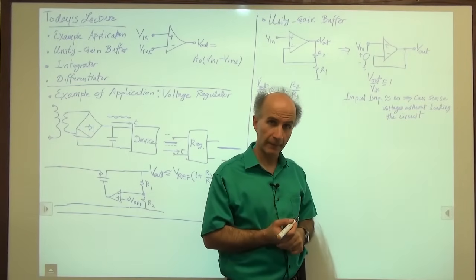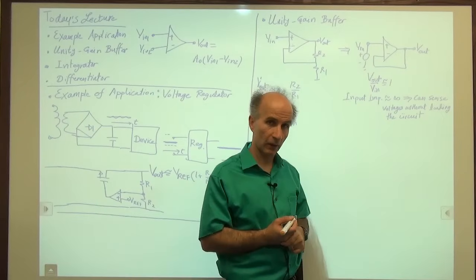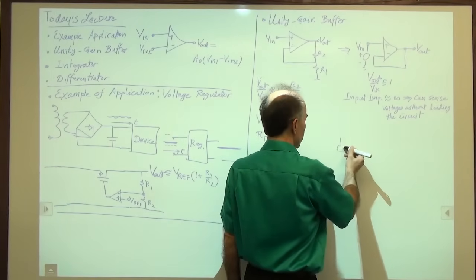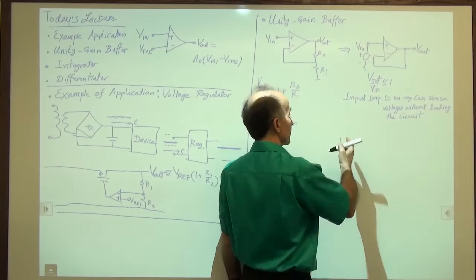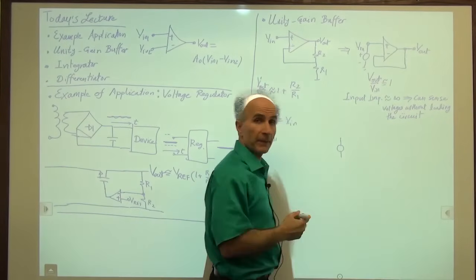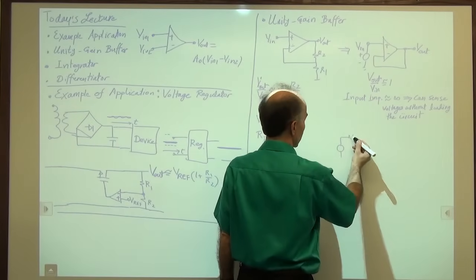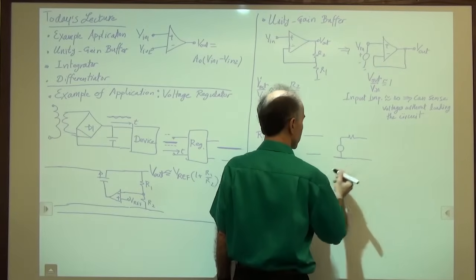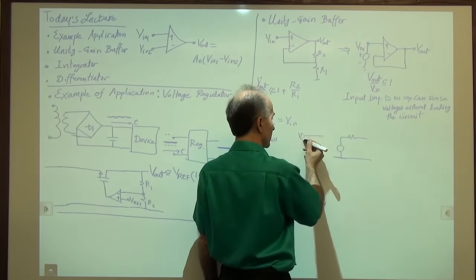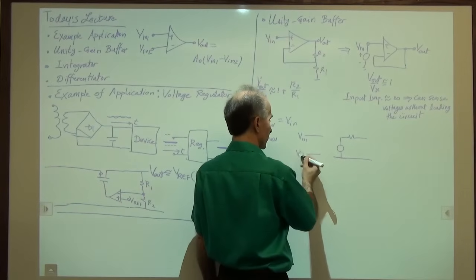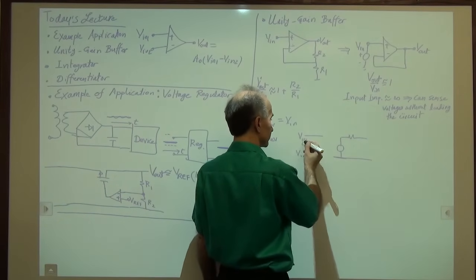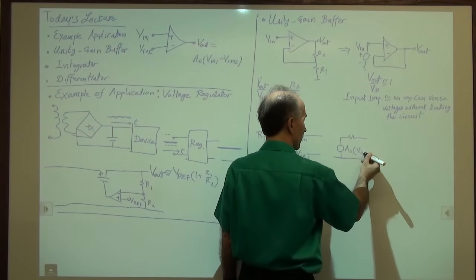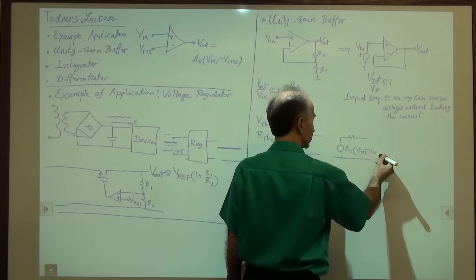What does that mean? Well, let's try to construct a model for the op-amp. The op-amp wants to generate a voltage at the output. So, in a sense, I'm constructing a Thevenin equivalent for the op-amp itself. And that's what it looks like. So, this is V in 1. This is V in 2. This is A0 times V in 1 minus V in 2.